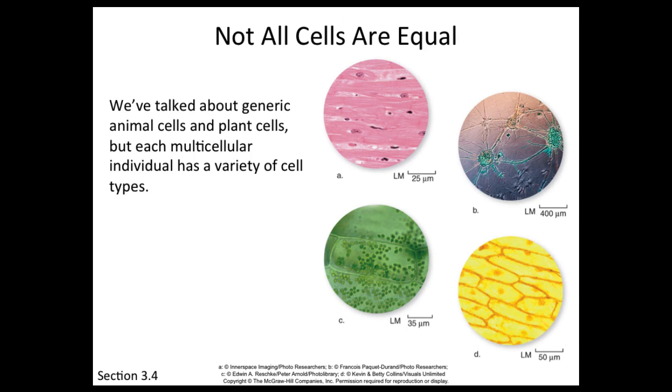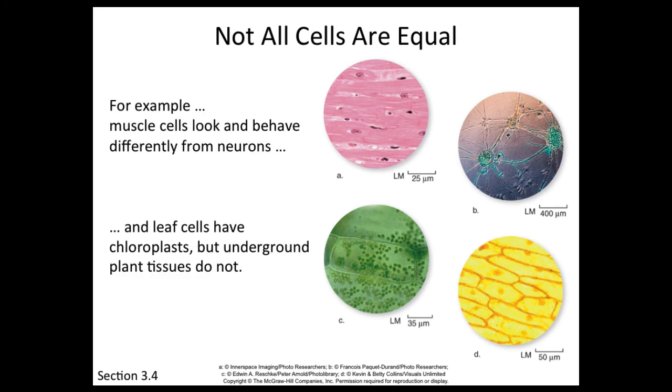A final word about cells is that all cells are not created equal. In general, we talk about plant cells and animal cells like they are these static things that have very specific functions. But in reality, multicellular individuals have a huge variety of cell types found throughout their tissues and organs.